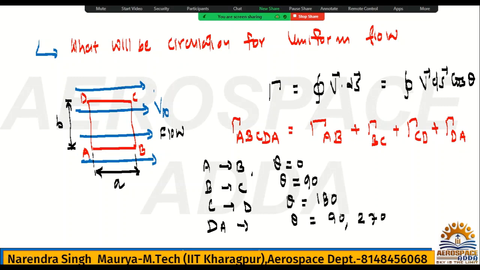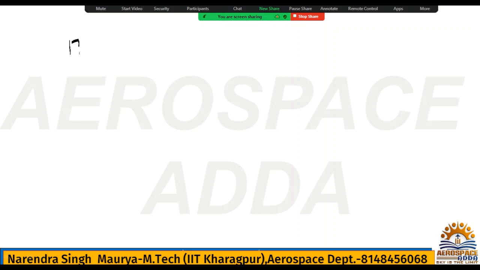Now for the circulation of AB, you have to write V ds cos theta. This is the formula. To calculate A to B, velocity is V infinity.